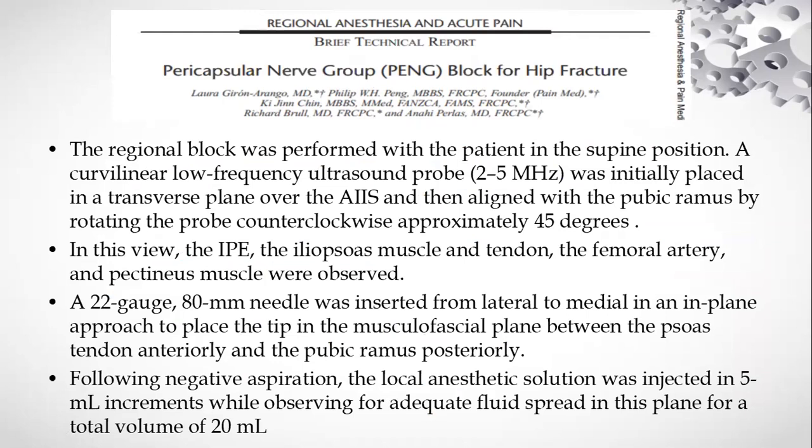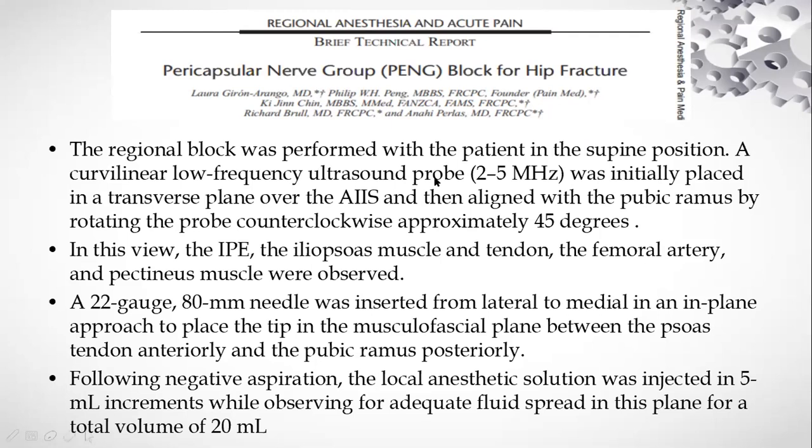While describing this block, I'll just describe it and show the probe orientation in further slides. This was performed in the supine position. As we discussed, this is an analgesic block, which is generally done post-operatively for hip fracture surgeries, or in this case, it was performed on patients who had come to the trauma department with acute hip fractures.